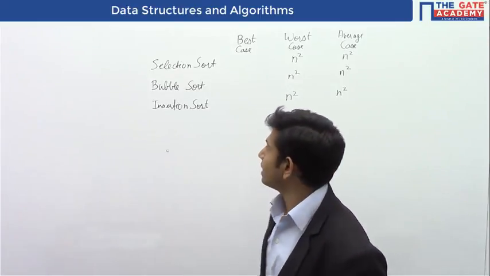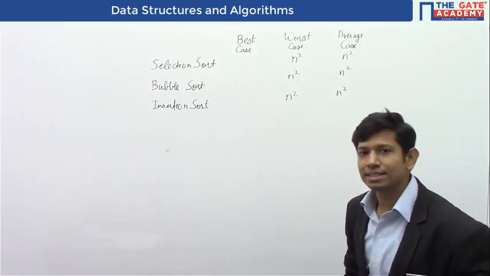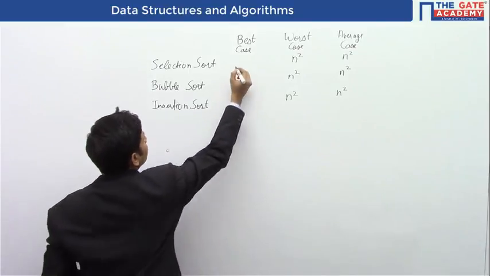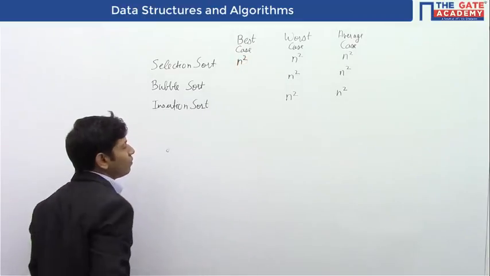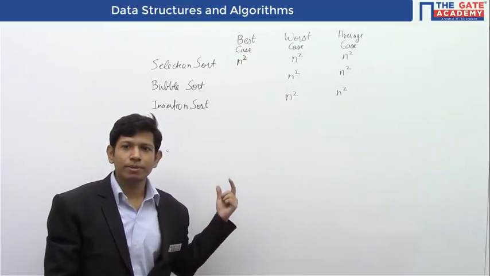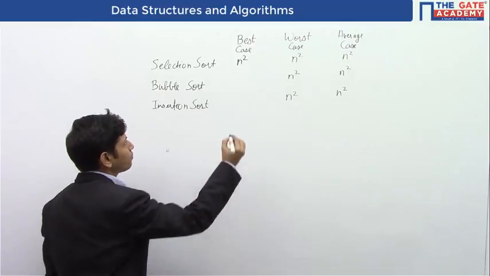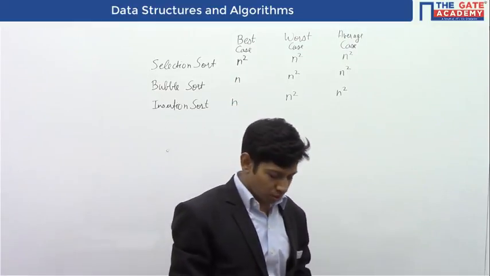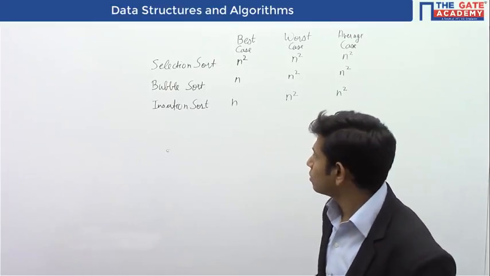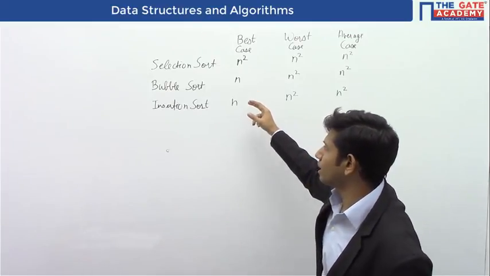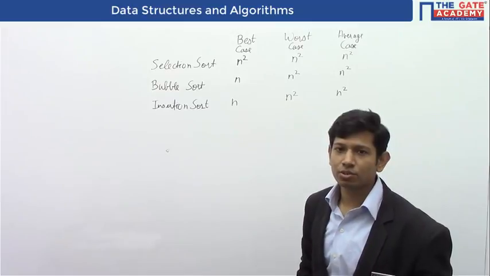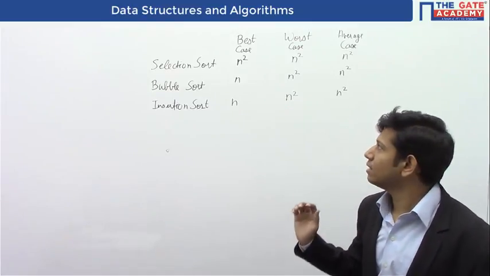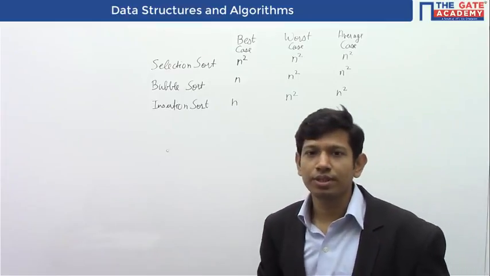So we know that in case of selection sort, even the best case is order of n squared. So now we are left with the best case of bubble sort and insertion sort. So the best case of bubble sort and insertion sort comes out to be order of n. So this looks to be a tie between bubble sort and insertion sort, and selection sort is left behind. It is clearly the third most efficient out of these three.